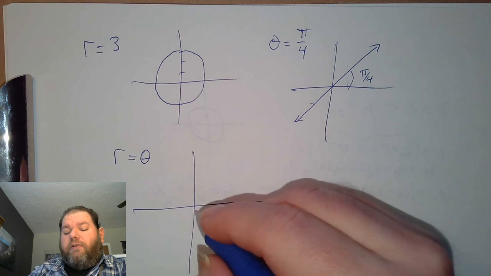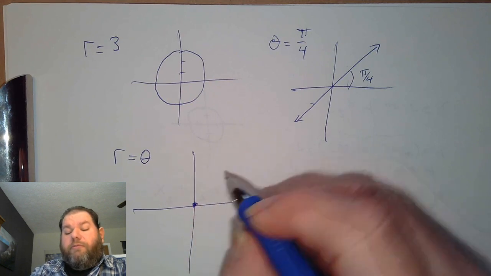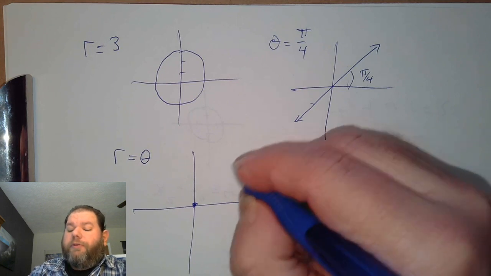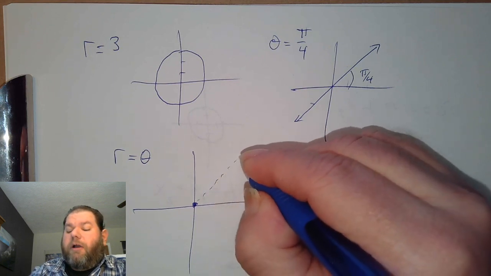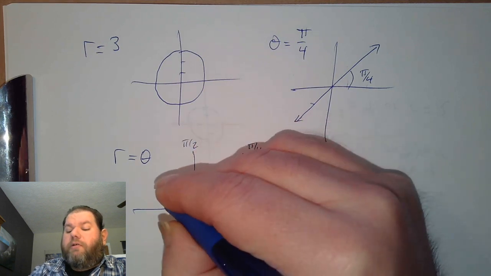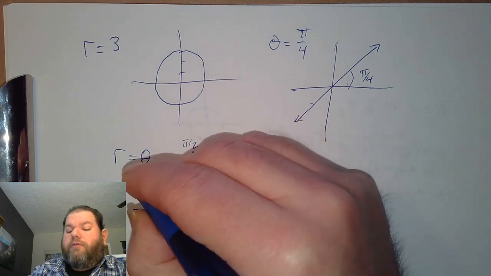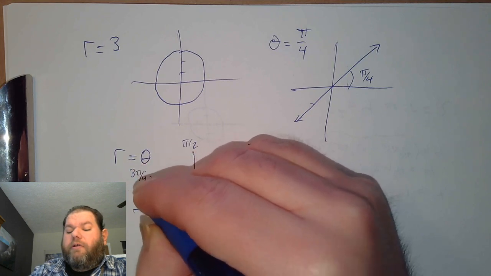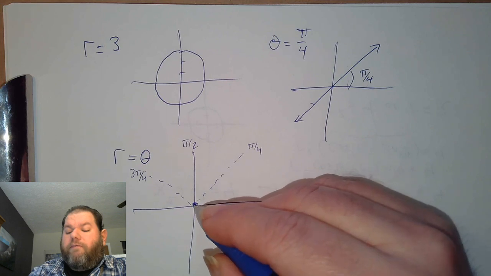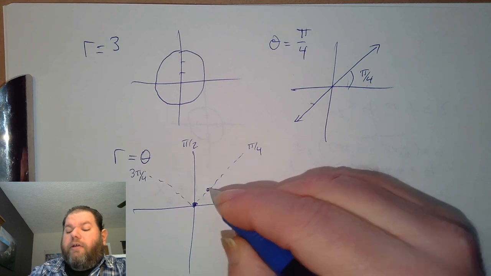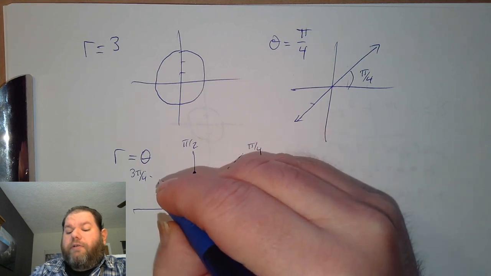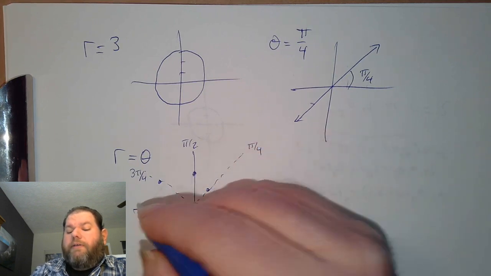So we start at 0, 0, because if theta is 0, then r is also 0. But if we think about it, here's pi over 4, here's pi over 2, here's 3 pi over 4, and here's pi. At pi over 4, we have a value associated with that. At pi over 2, we have a larger value. At 3 pi over 4, there's a larger value. And at pi, there's a larger value.